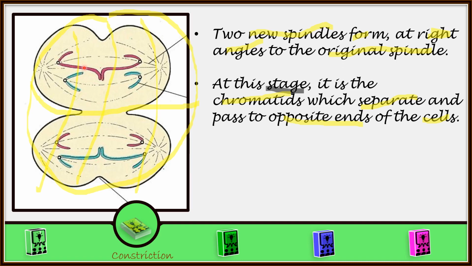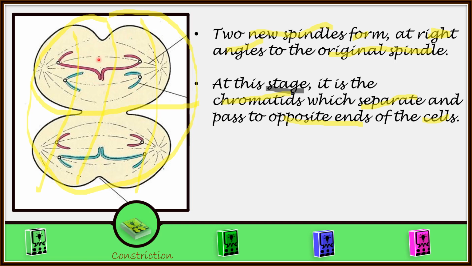The upper cell had 2 chromosomes, and the lower cell had 2 chromosomes. But the chromosomes had already replicated and formed sister chromatids. Now after forming these new spindles, it is the sister chromatids that are going to separate.